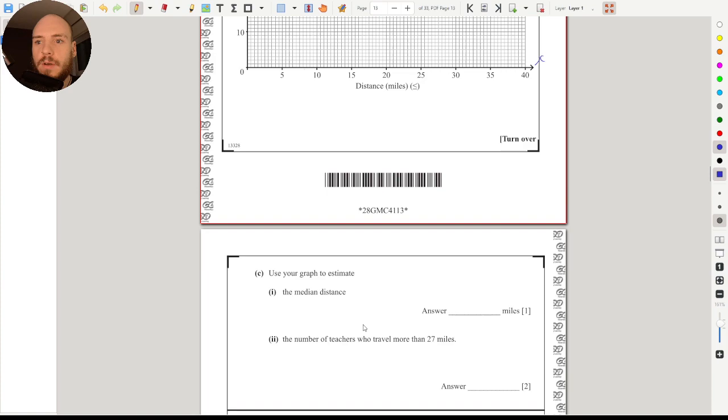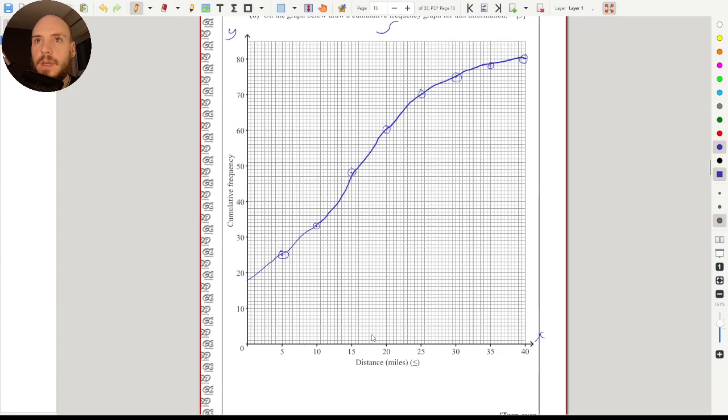Okay, so use the graph to estimate the median distance. We have 80 values in total. The median is 80 divided by 2, which is 40, so it'll be the 40th value. I'm going to use our straight line tool here, and I'm going to go to 40, and we're gonna stop about here, and we're gonna come across.